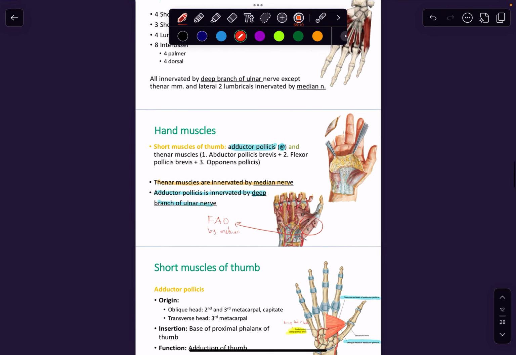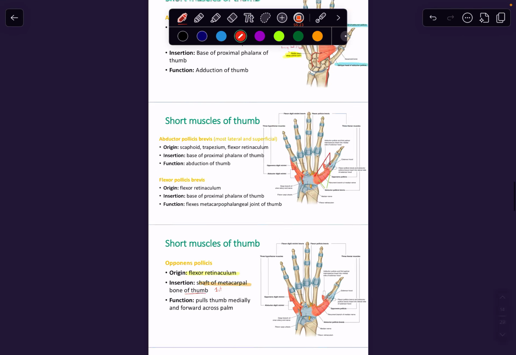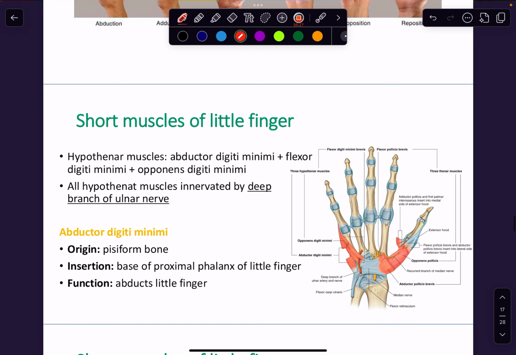So FAO is usually the three muscles innervated by the median nerve of the thenar, right? But the fourth muscle of the thenar, it is considered as the fourth muscle of the thenar, right? So the adductor is also working as the thenar group of muscles, right? Although it is the deepest muscle, right?